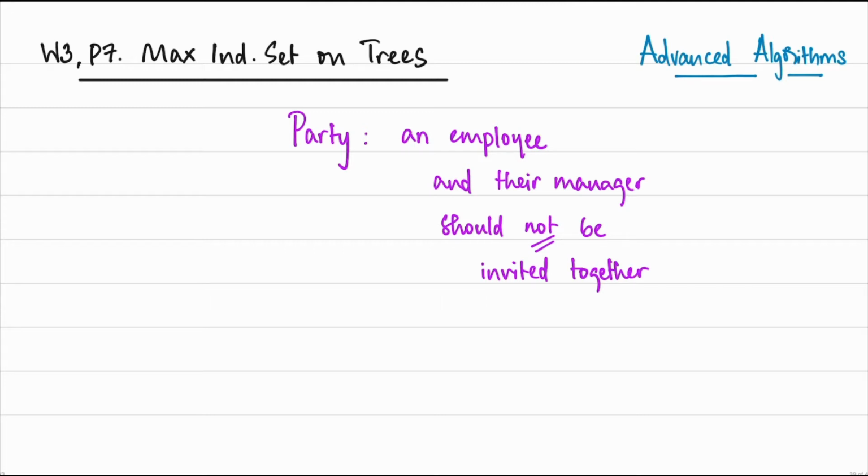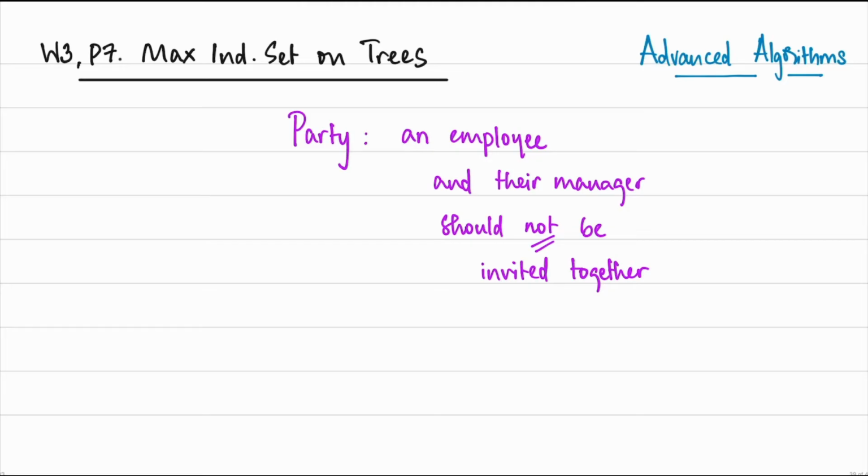The assumption is that when this happens, the party gets awkward for both of them. So it's okay if you invite the manager's manager, because the employee probably does not have a lot of direct contact with them, but you don't want to invite the immediate managers if you're inviting them. Or you could invite the manager, not invite the employee, but basically avoid inviting them together.